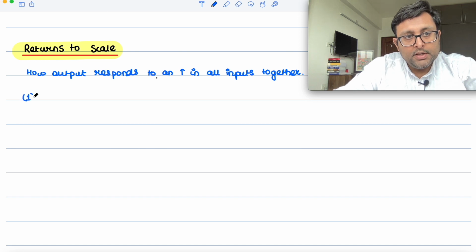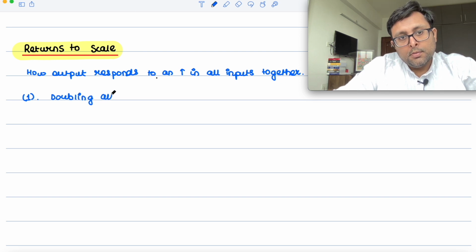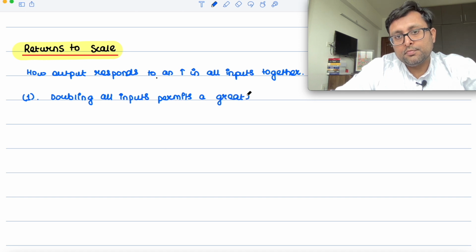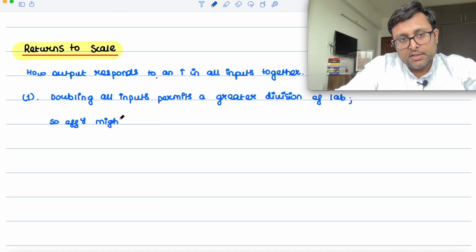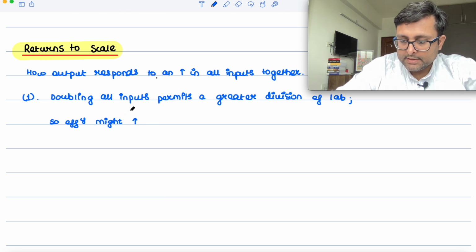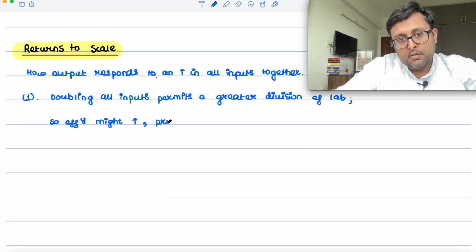So one possibility is doubling all inputs permits a greater division of labor, so efficiency might increase.